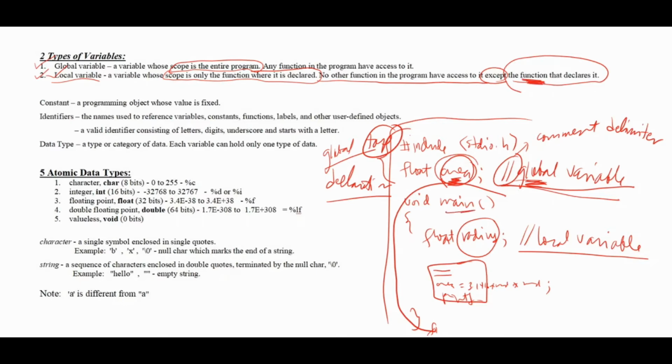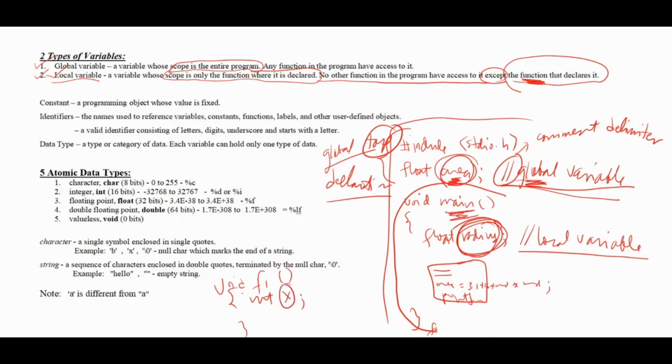Like this one, the main function has a local variable radius. So only the main function can use this variable radius. If we have other functions here, like void f1, and then we have here another, say, integer x.